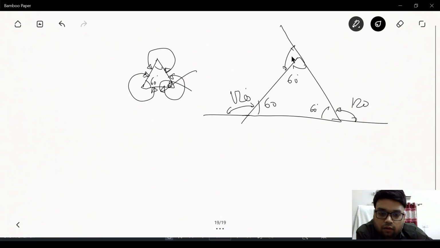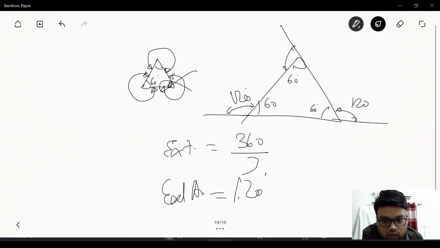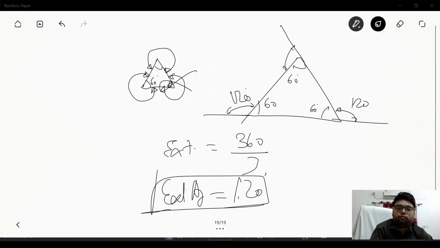This will be understood in the diagrammatic form. In the form of formula, we can write it like this: 360 divided by 3, because this is an equilateral triangle, so the result will be equal to 120 degree. This is your exterior angle. It is simple.